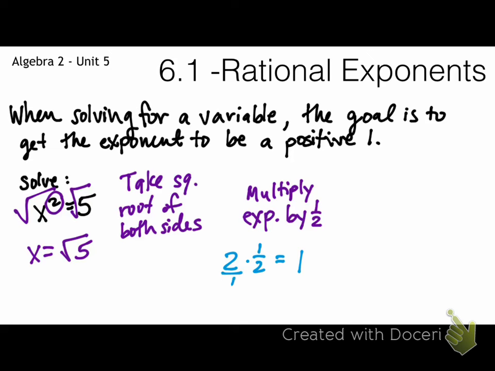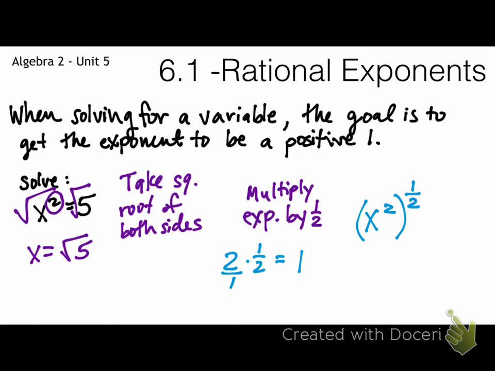So essentially you're trying to cancel out or get rid of this squared, and if you multiply by the reciprocal, that gets the exponent to be a positive 1. So from our exponent rules, we are raising x squared to the power of 1/2.